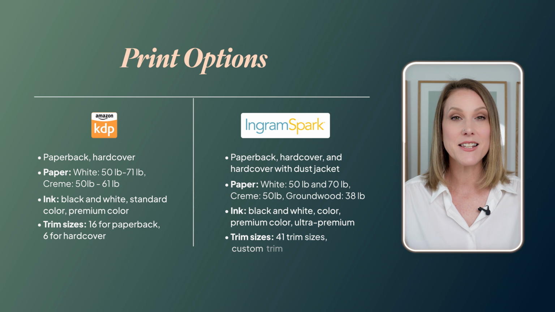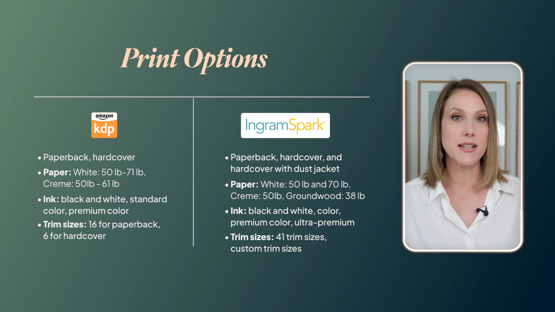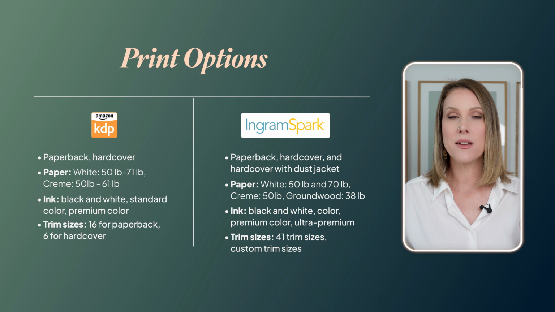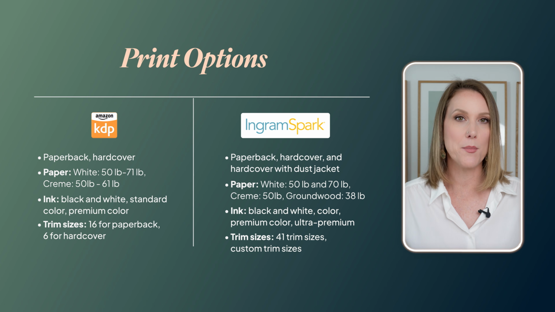Now for trim sizes, they have 41 different trim sizes, and they even offer custom trim sizes. But not all of them are going to be available in hardcover. I couldn't find a list, so you're gonna have to just go through and see whichever trim size you want if it's available in hardcover, if you want to print with hardcover. As you can see here, IngramSpark has many more options, but also much more high quality premium options.